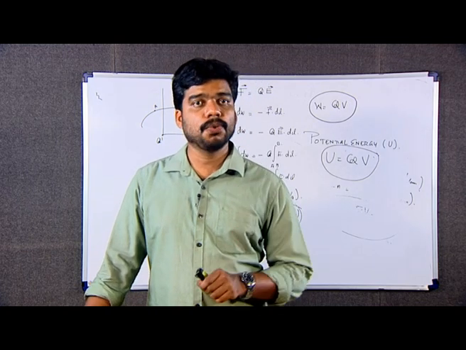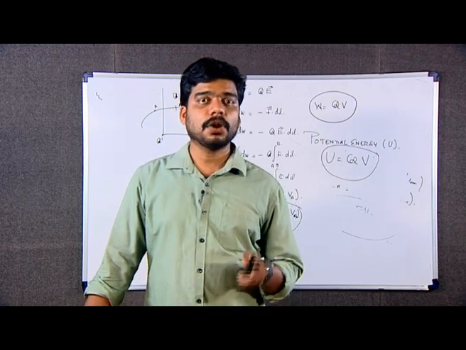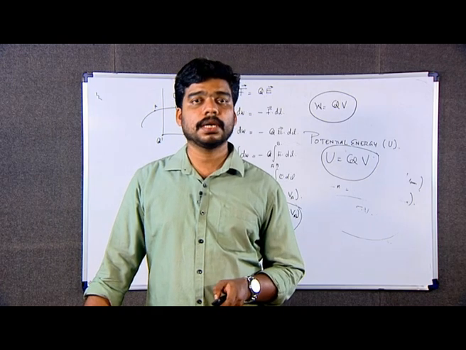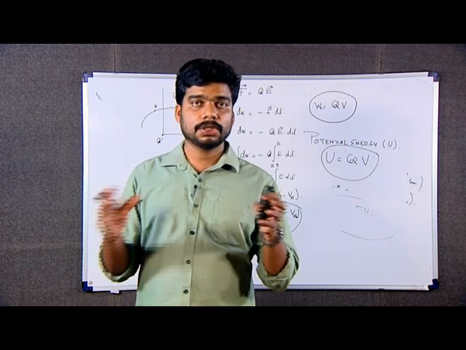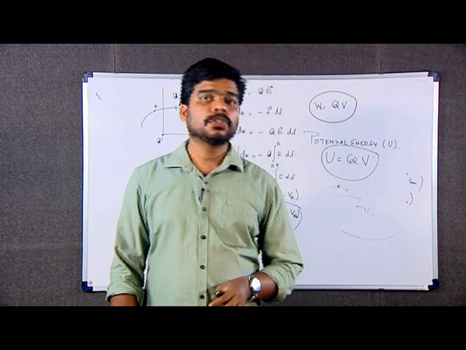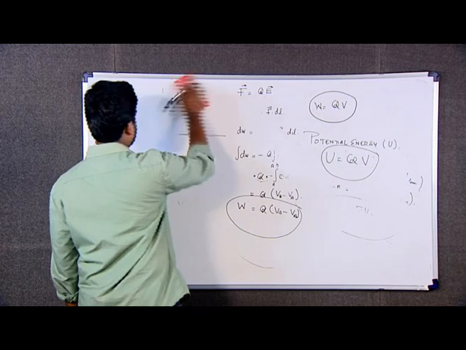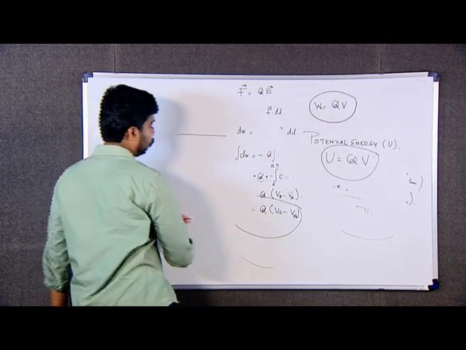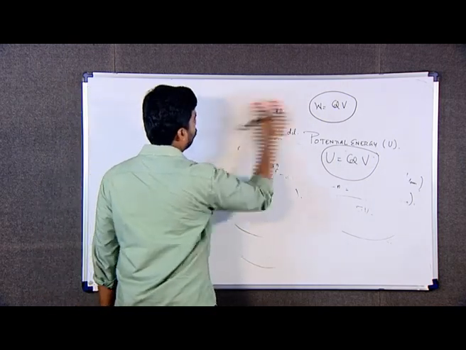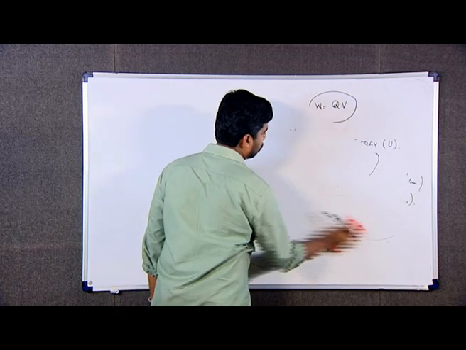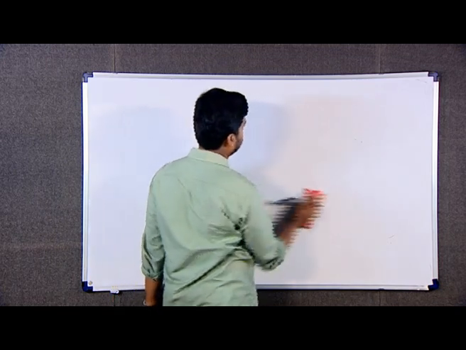So, what is this Q? This Q is lots of charges assembling together to form a charge distribution. So, initially consider on this board there is no charge or there is no field. I want to assemble n number of charges on this space.